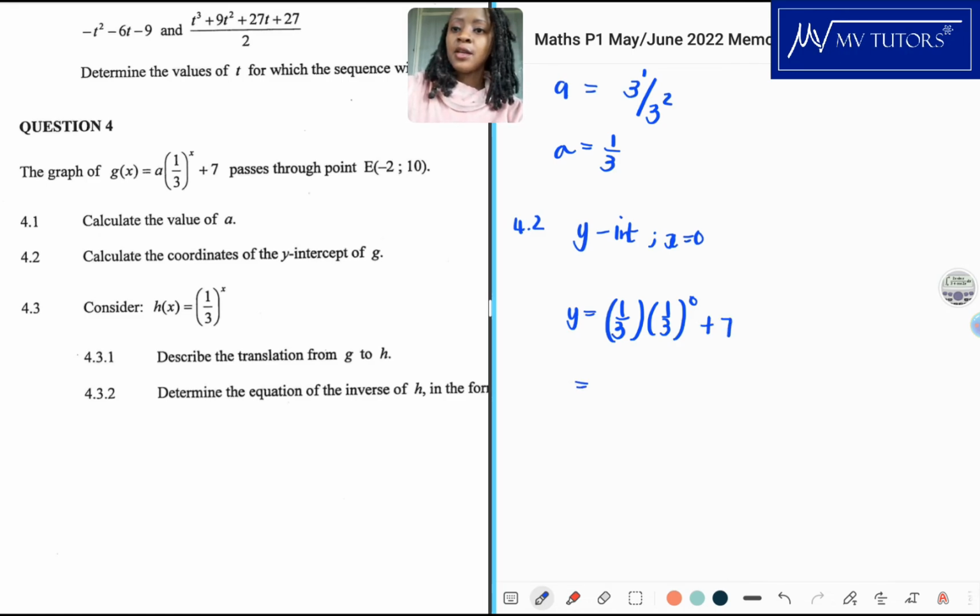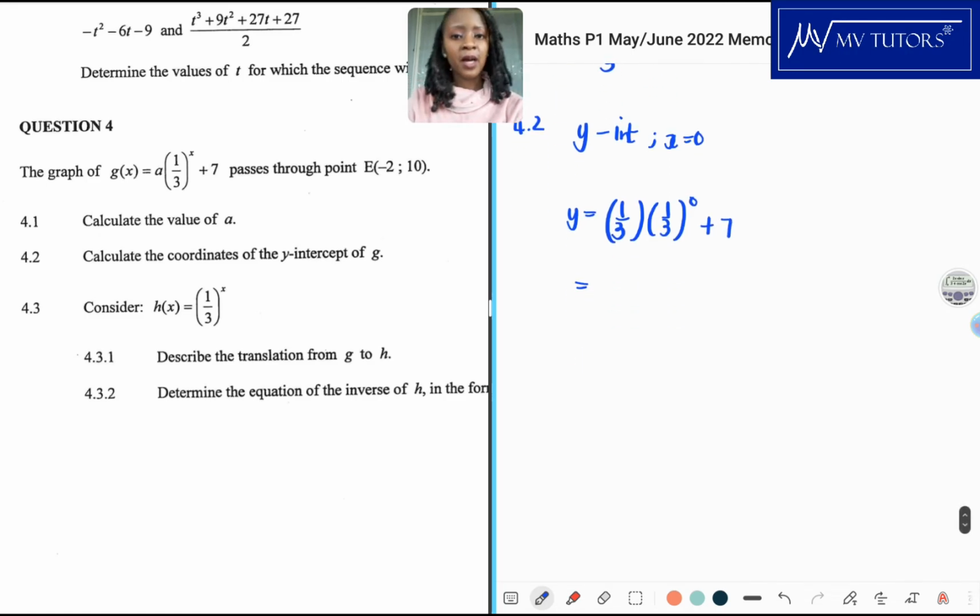Anything to the power 0 will basically be 1. So I have a third plus 7. So the answer is basically 7 and a third, or you could say 7 times 3, that's 21 plus 1, 22 over 3. That could be your answer.